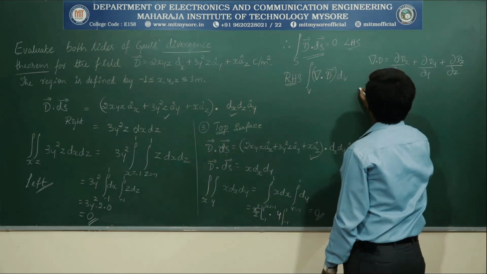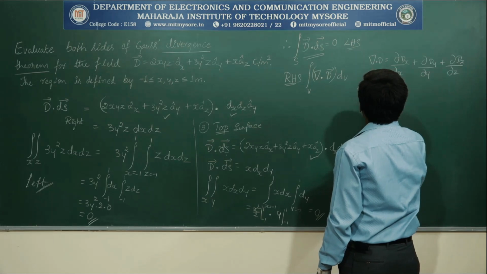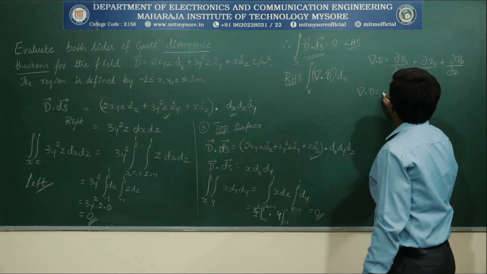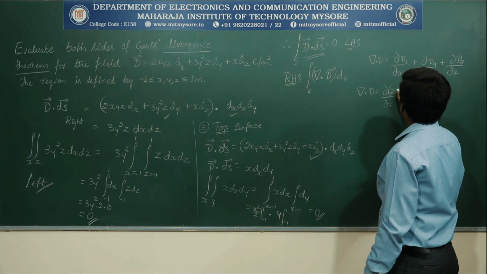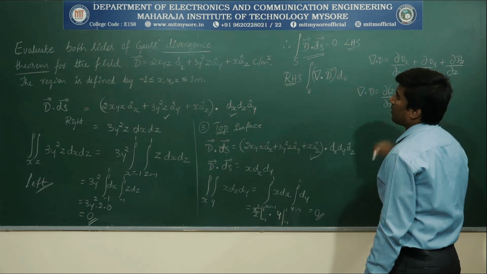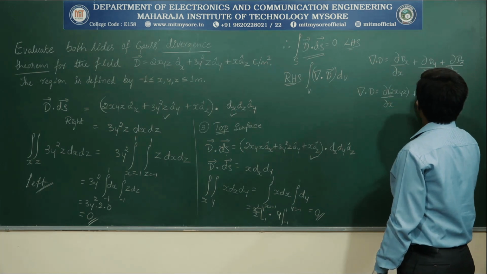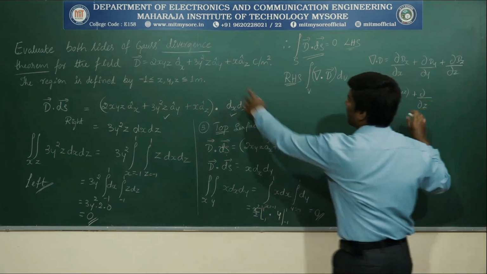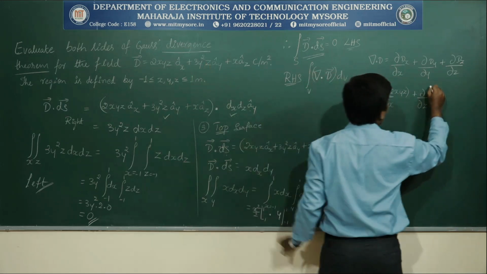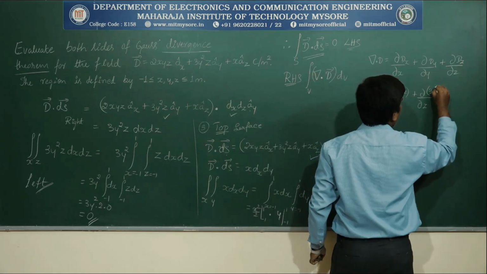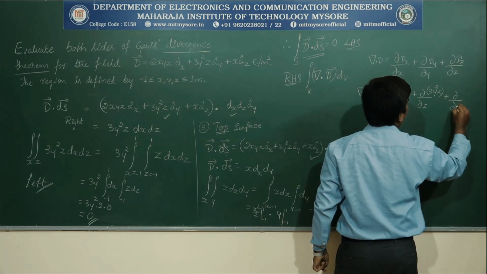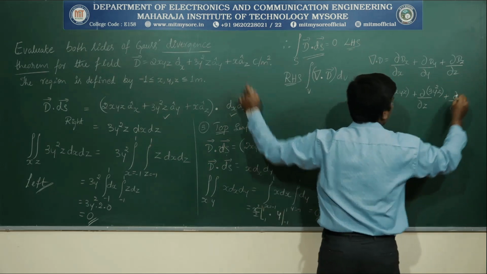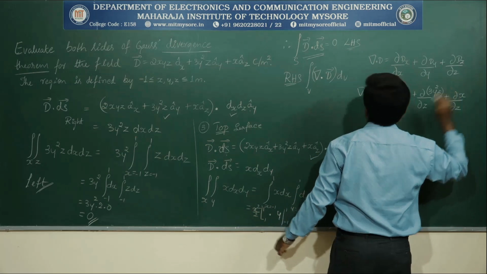Okay, then gradient dot D is equal to ∂/∂x of 2xyz plus ∂/∂y of Dy. What is Dy? 3y²z. Plus ∂/∂z of Dz. What is Dz? x. Okay.